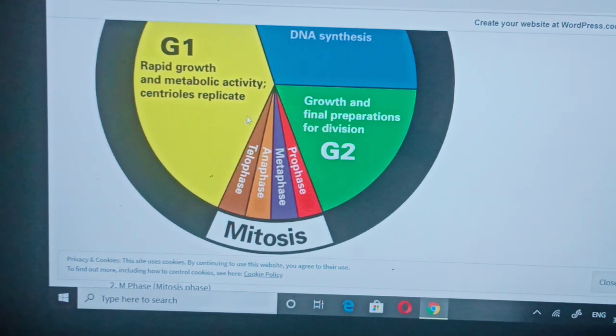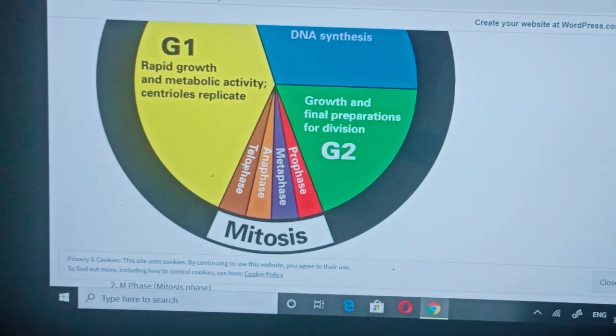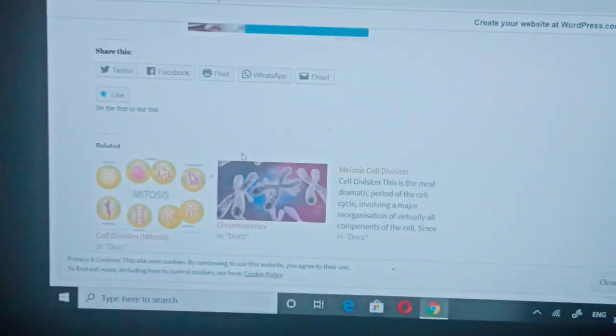Now here you have to learn what happens to the shape and structure of the cell in the prophase stage. Then after the prophase, what happens to the cell organelles inside when it goes to the metaphase? After the metaphase, then the anaphase, and the end part is telophase. So after this telophase, the cell goes to the cytokinesis process, that is the division of the cell.